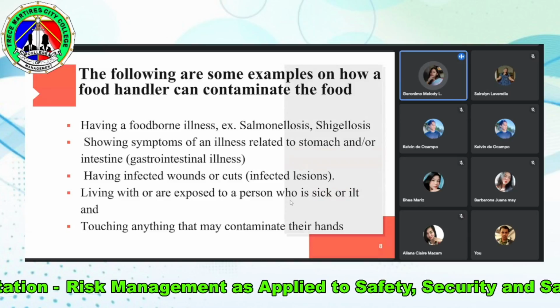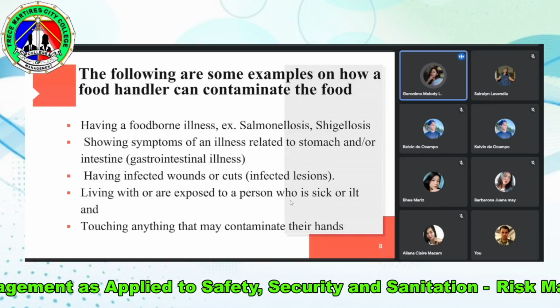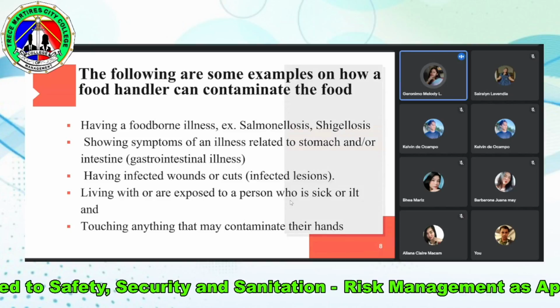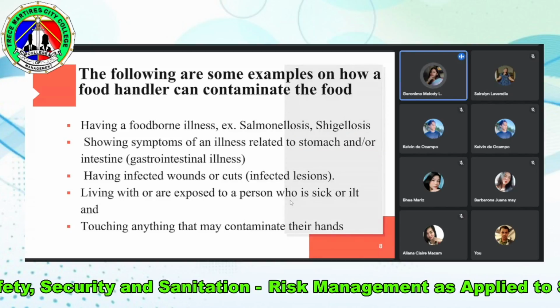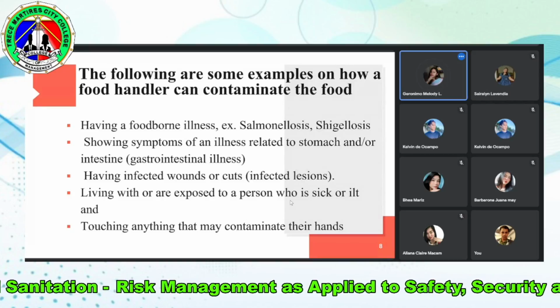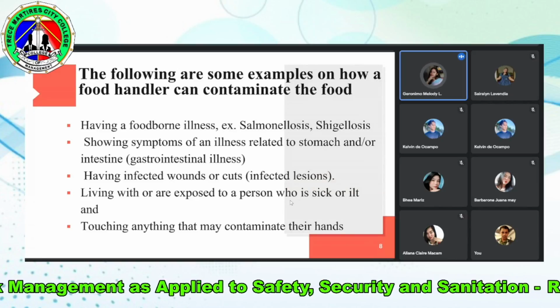Lalo na po kung siya ay may ubo at sipon, at kung siya naman po ay mabahing or maubo in front of the food or utensils na ginagamit nila, matik po na magkakaroon po ng food contamination. And lastly po, when si food handler are touching anything that may contaminate their hands.